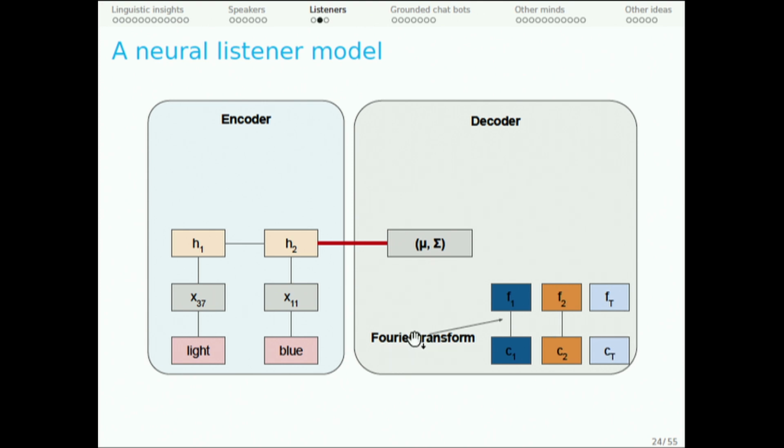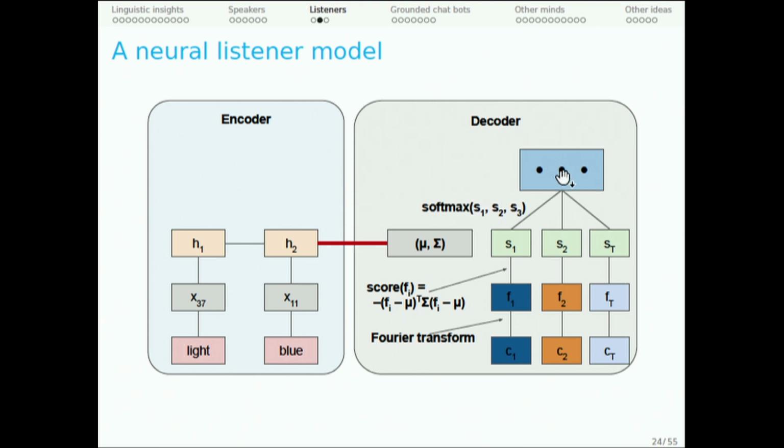In work that I've done, we've done a Fourier transformation to put these into a more interesting space. And then use this hidden representation or some statistics derived from it to create a score for each of these elements of your context. And then those scores could be fed into a softmax classifier that finally decides, based on all of this stuff, which of these things was actually the target of the description.